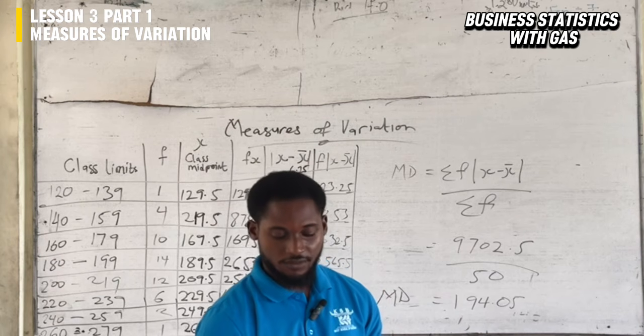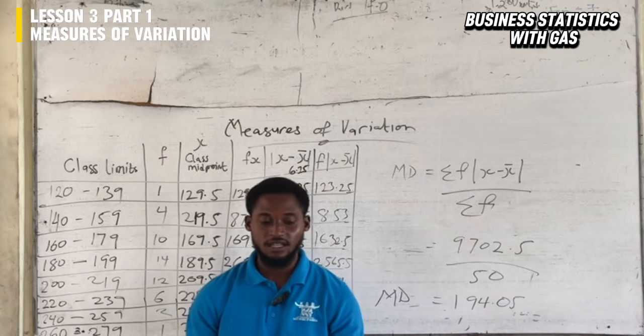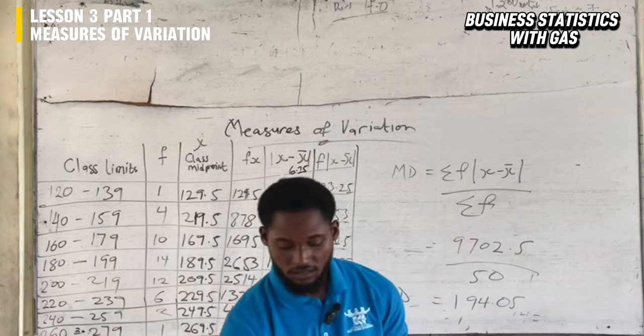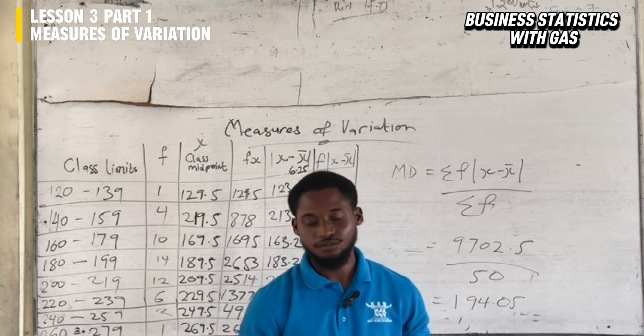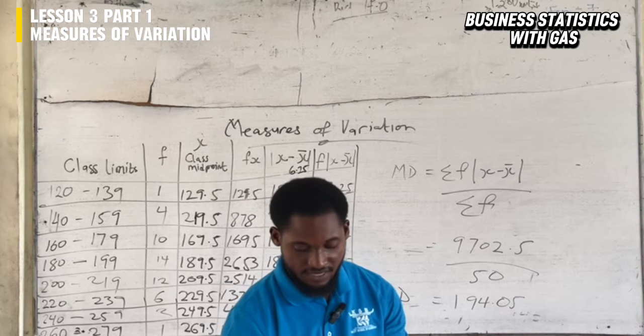So we would have to move on to population variance for ungrouped data, and also population standard deviation for ungrouped data. Then we move on to that of grouped and the others.